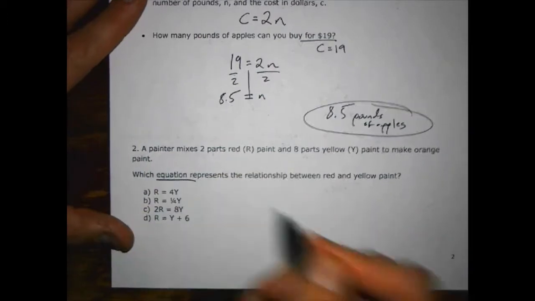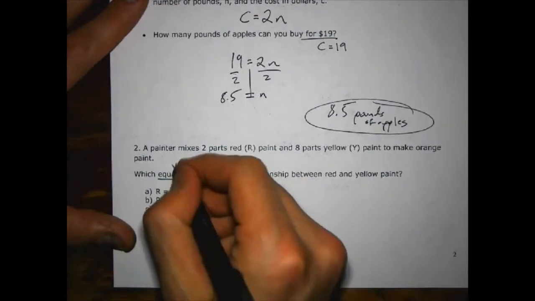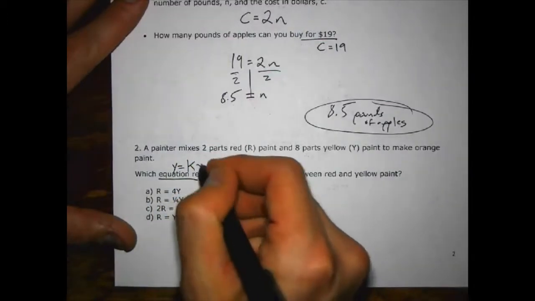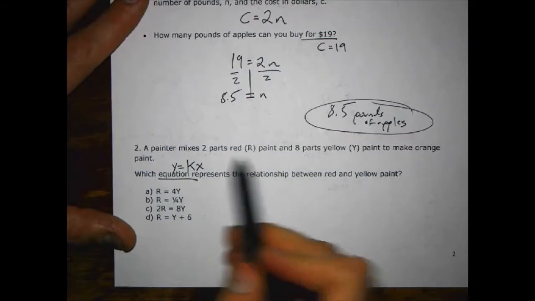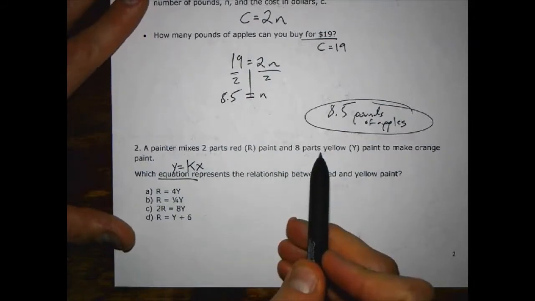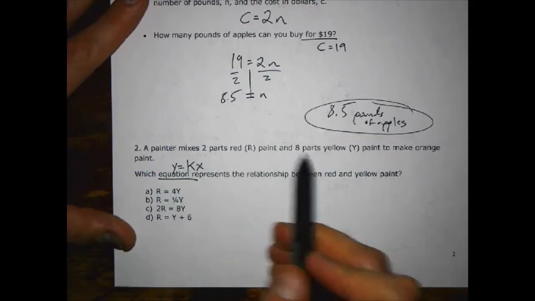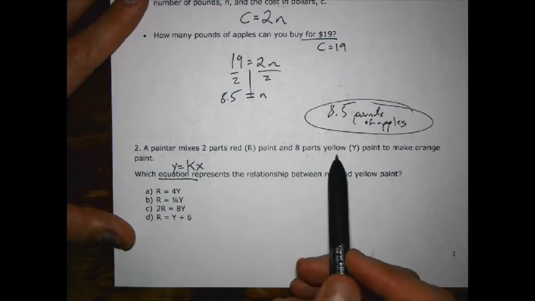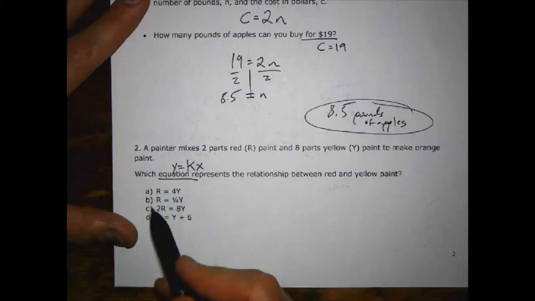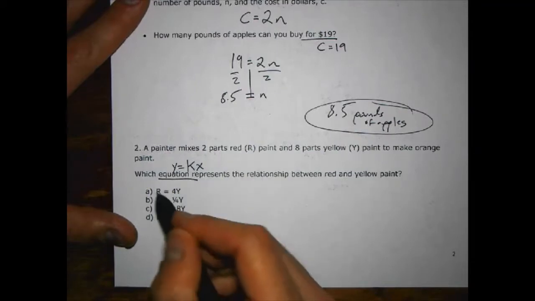Now, when I see equation and proportionality, I'm just going to remind myself y is equal to kx, because that's the form it takes. But here, there's nothing that tells me what's the dependent and what's the independent variable. There's no way to tell which should be y and which should be x, except when we look at the answer choices. In the answer choices, the r is always in the y position.